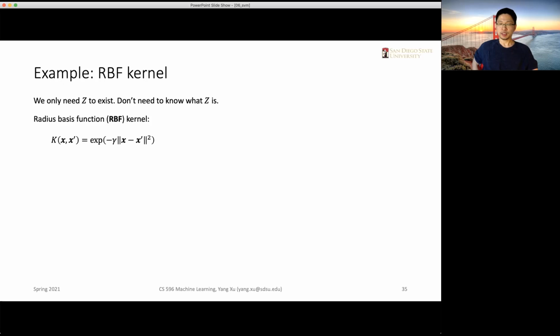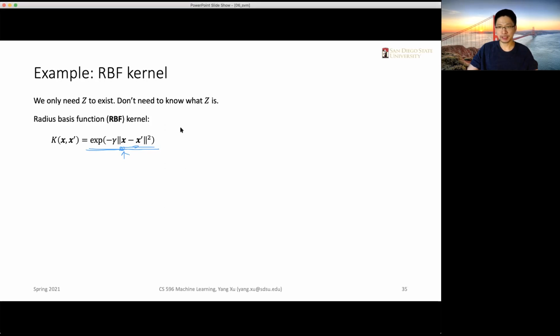It basically uses the Euclidean distance in X space as the input for the kernel function, and an exponential computation is applied. So the Euclidean distance in X space is used as input, and we compute the exponential of it.